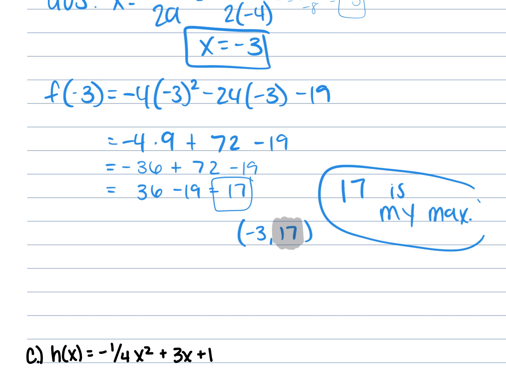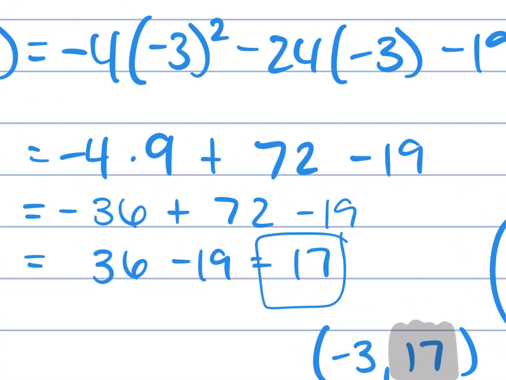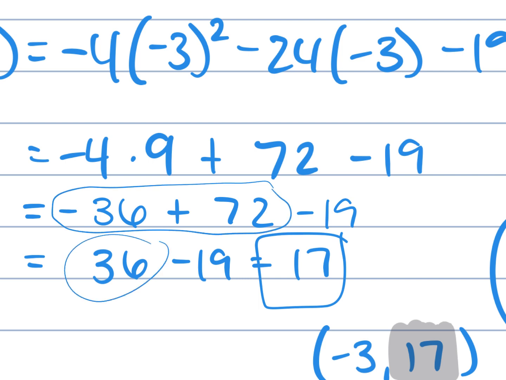Mia, where did the 72 go? I combined the 72 and the negative 36. 72 minus 36 gave me positive 36, right? And then I subtracted 19 from it.